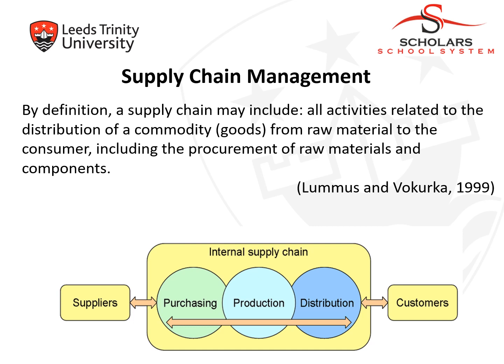By definition, the supply chain may include all activities related to the distribution of a commodity from raw material to the consumer, including the procurement of raw materials and components. As we see here, on this side we have suppliers and on the other side consumers.